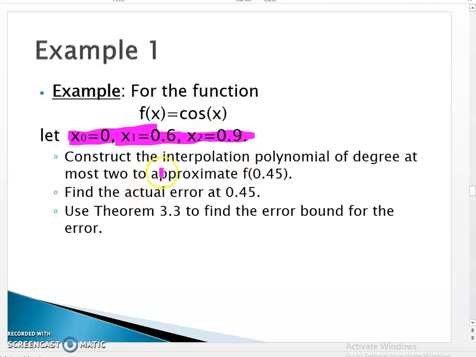Of course, we are going to construct the interpolation polynomial of degree at most 2 to approximate this function at 0.45, and we are to find the actual error at 0.45 and use the theorem to find the error bound. So let us go through this and see what we are supposed to do.